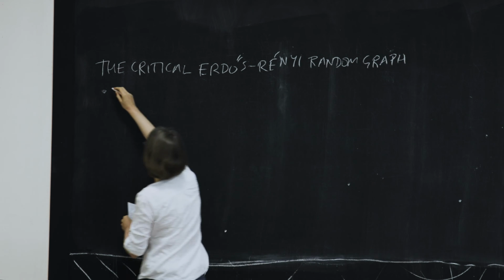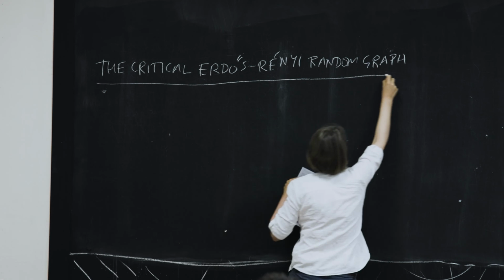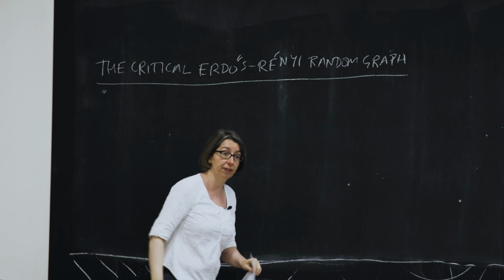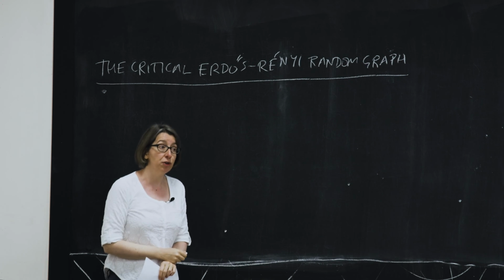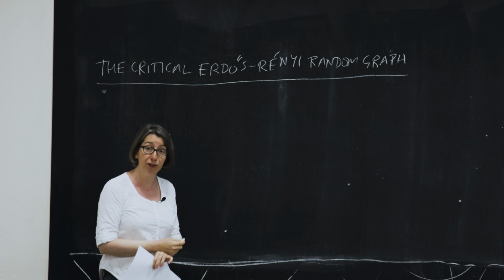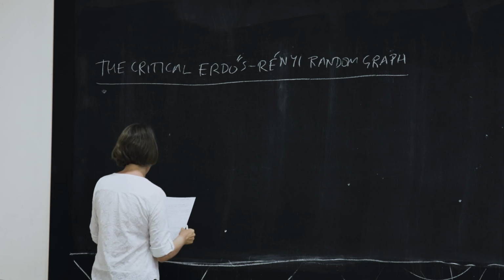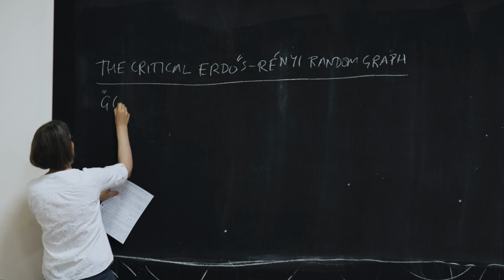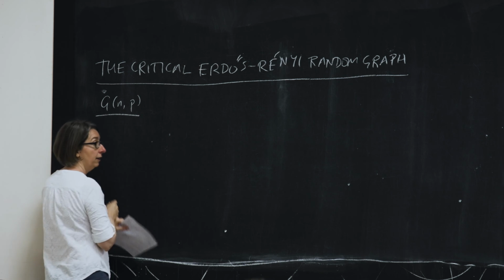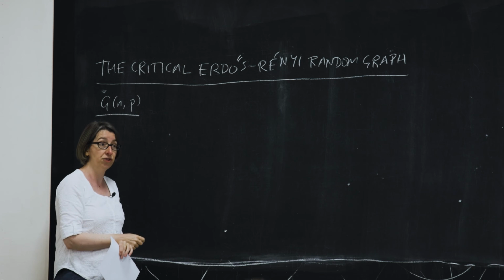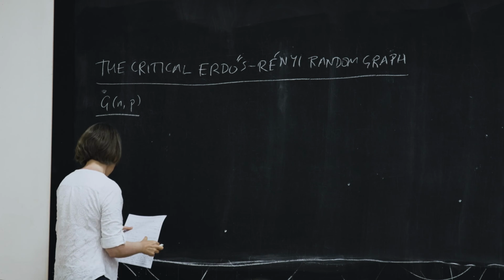I expect lots of people have come across this model before, but I'm not going to assume that. Not least because there are 2 different random graphs which get referred to as the Erdős-Rényi random graph, let me define what I mean. I'm going to be talking about the model which is often called G(n,p). It's actually simultaneously introduced by Gilbert independently.